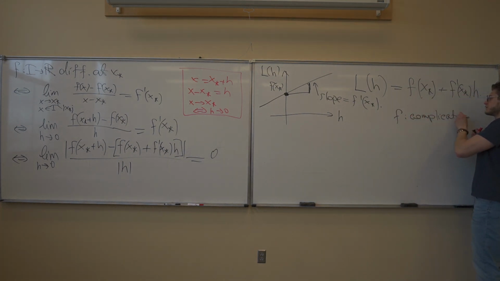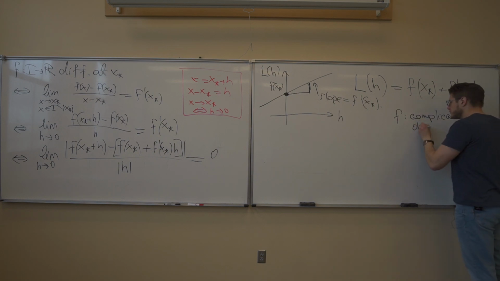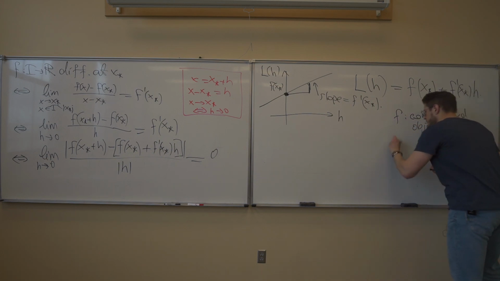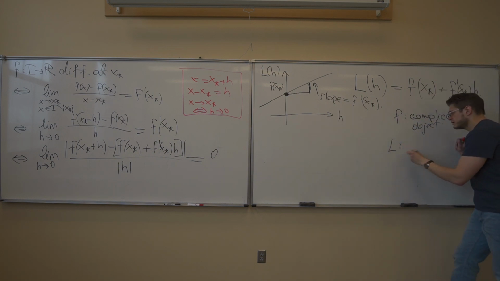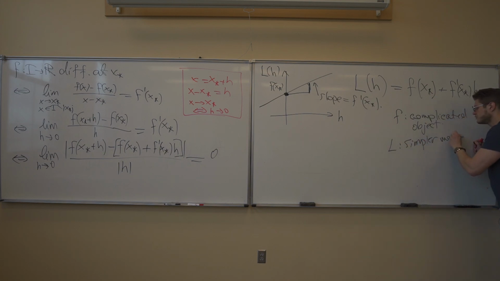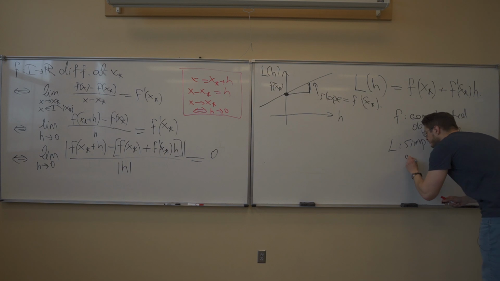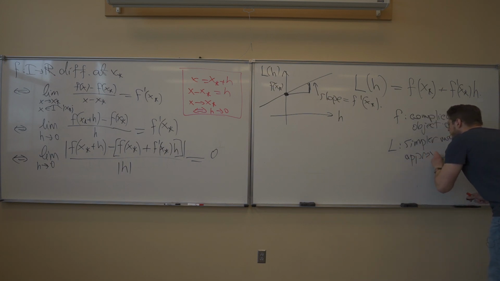Complicated object. L here is the simpler model approximating f. Of course, near x star.